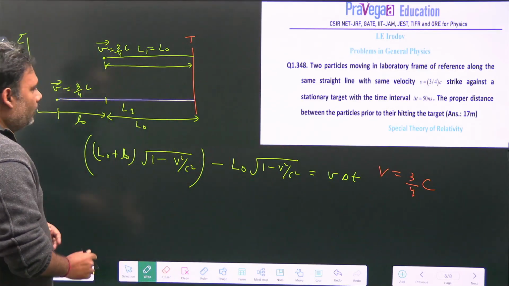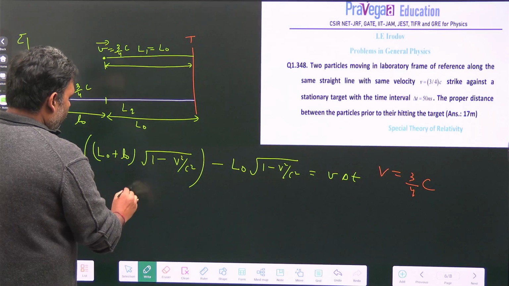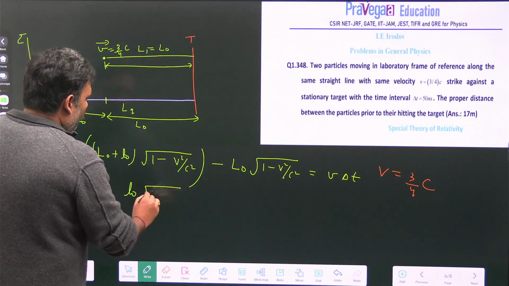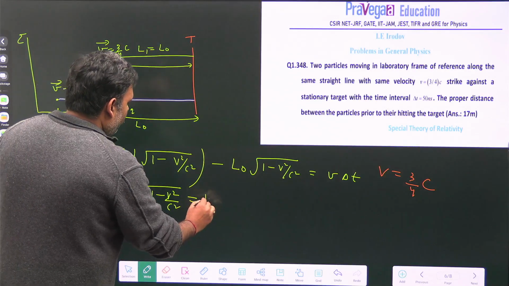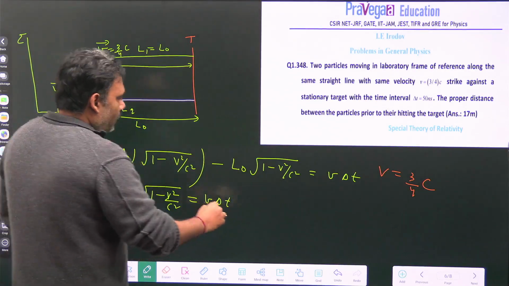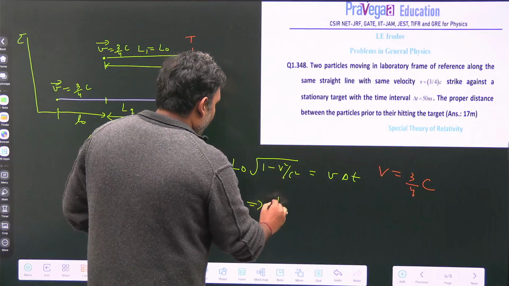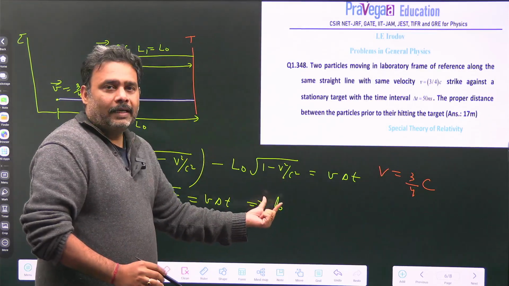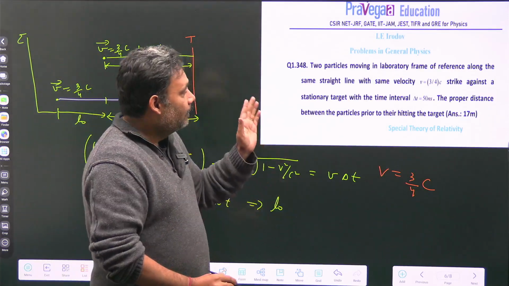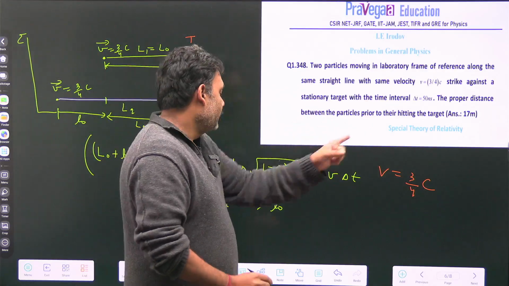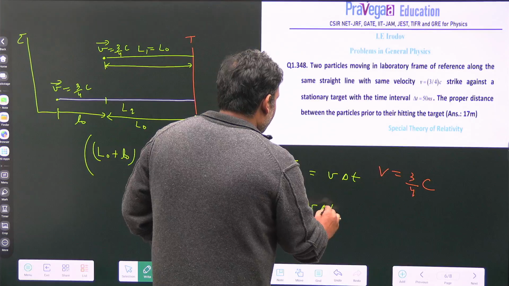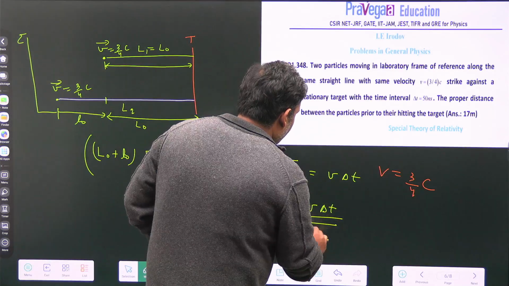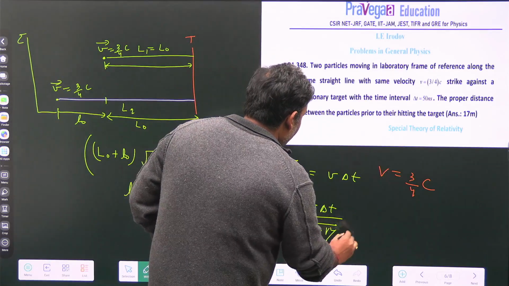When we solve this, L naught root of 1 minus v square by c square is equal to v into delta t, and we can get this L naught, the proper length before hitting the target. So L naught is equal to v delta t upon root of 1 minus v square by c square.